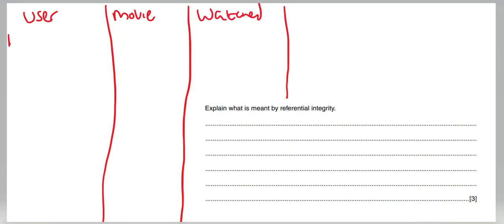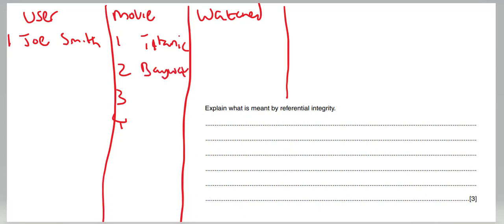Where we've got user 1, Joe Smith. Movies, we can have 1, 2, 3, 4, Titanic, Baywatch, Shawshank Redemption. Why have I picked really big names? I'm just going to call it Shaw. And Forrest Gump.